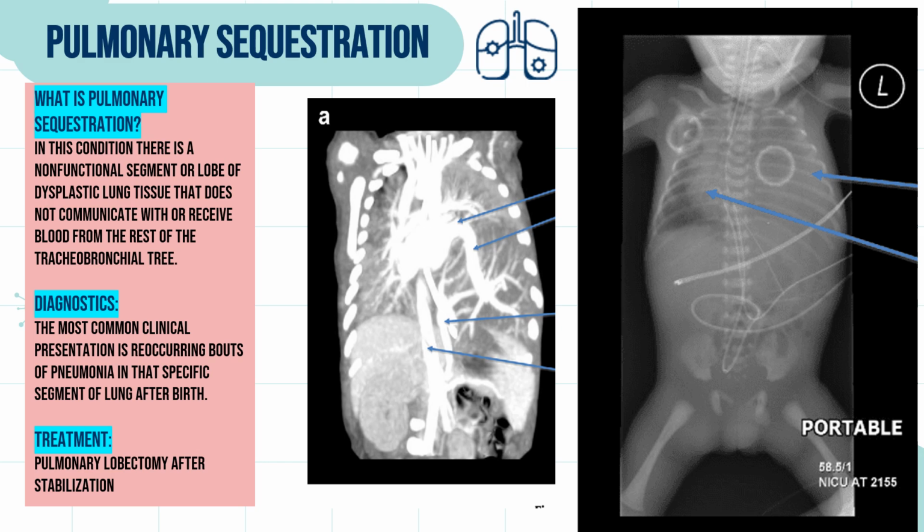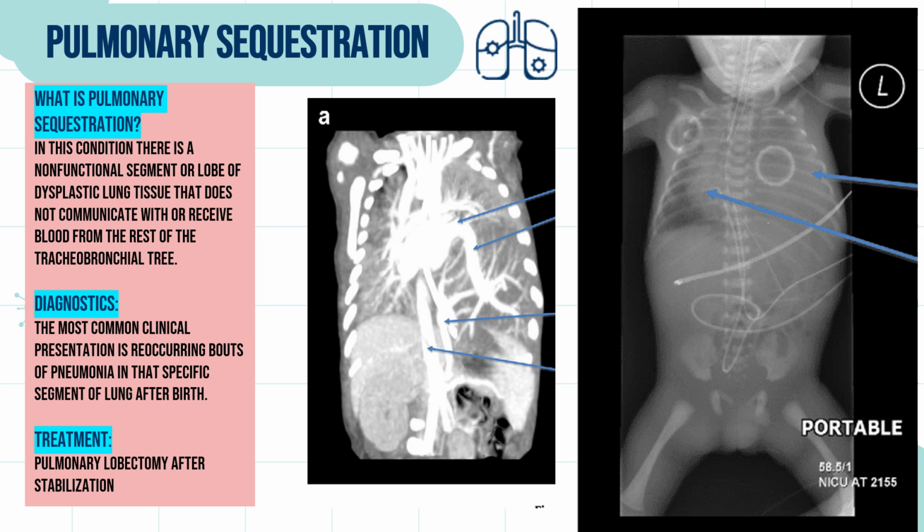Next, we have pulmonary sequestration. What is pulmonary sequestration? It's a condition where there is a non-functional segment or lobe of lung tissue that doesn't communicate or receive blood from the rest of the tracheobronchial tree.